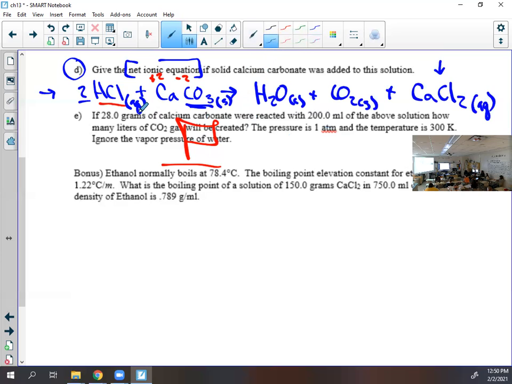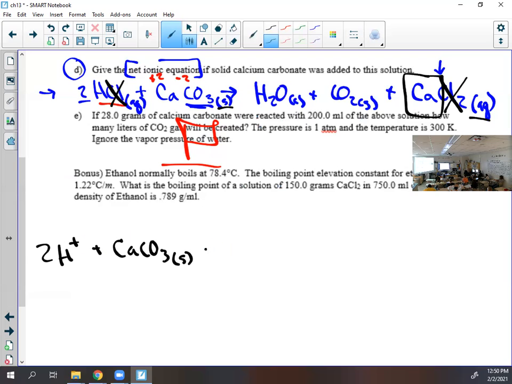Think this through. Anything that's aqueous on both sides is gone, right? So Cl is definitely out of the equation. Is anything else eliminated? No. So you would say, and remember, you have to carry this: 2H plus, CaCO3 solid. This was not eliminated because it was aqueous on one side and solid on the other.